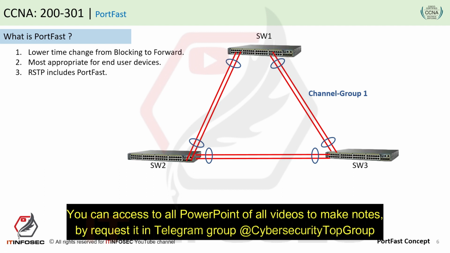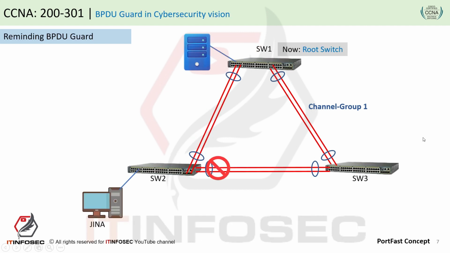And what does it do? Simply put, first it activates the port very quickly and then proceeds to learn the MAC address connected to that port. And what are the benefits? Lower time to change from blocking to forwarding, most appropriate for end user devices, and RSTP includes PortFast as well.